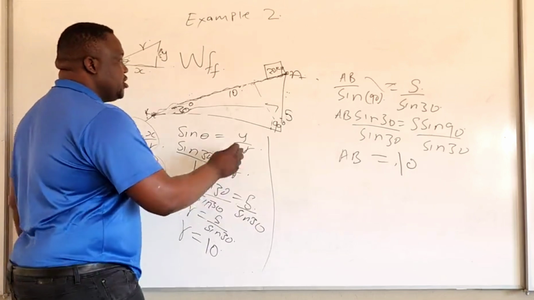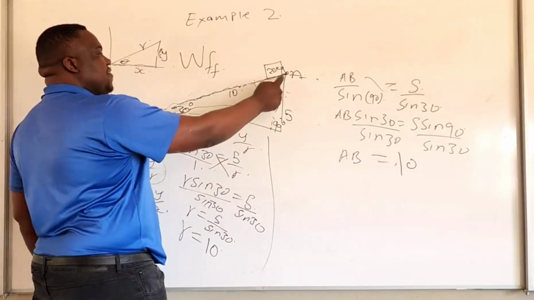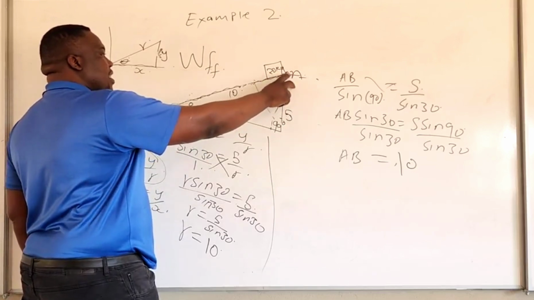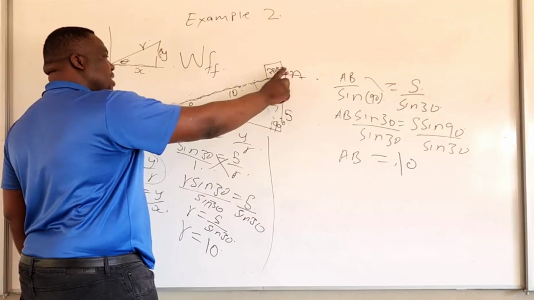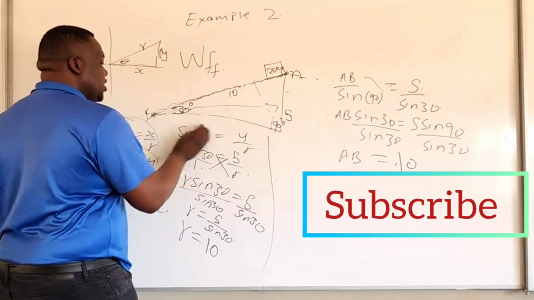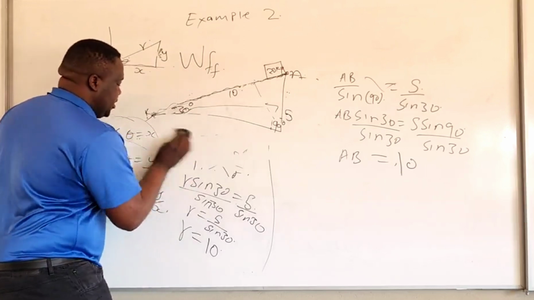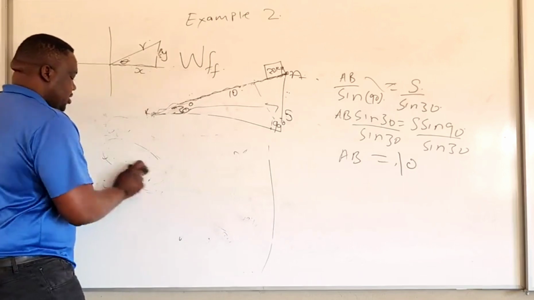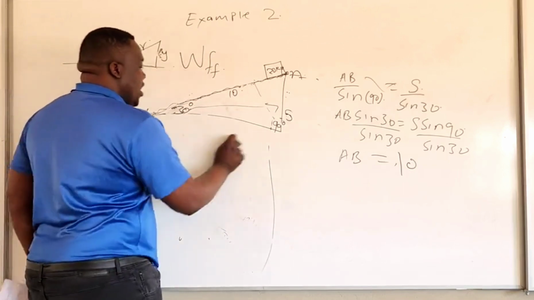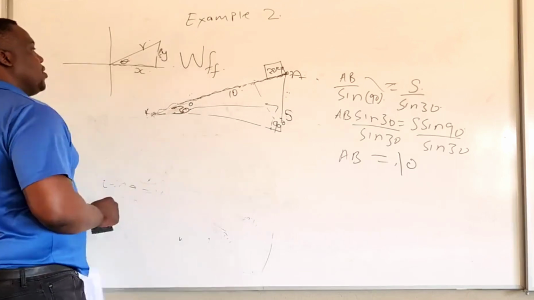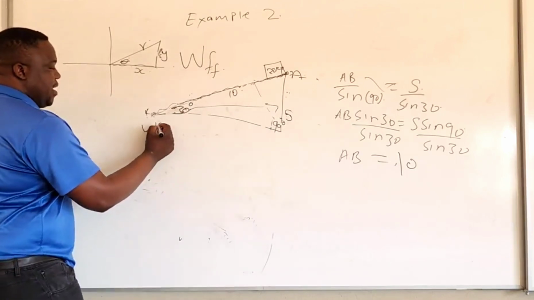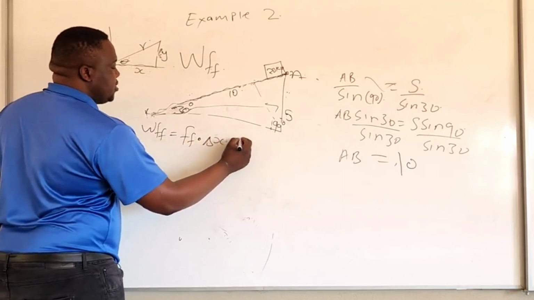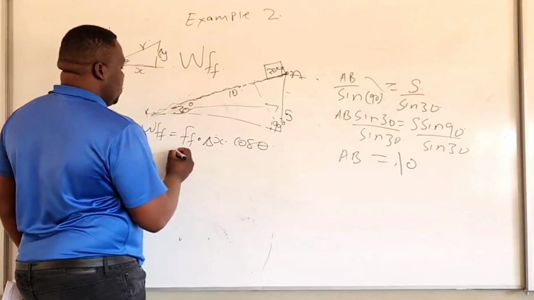So now we know the displacement. We know that frictional force acted from A to B and made the object be displaced 10 units. So the displacement is 10. If we want to calculate the work done by frictional force, which is straightforward, work done by frictional force is equal to frictional force multiplied by the displacement multiplied by cos theta.